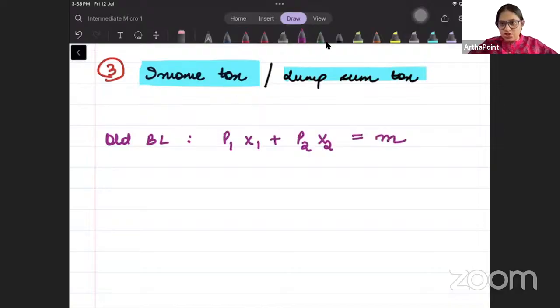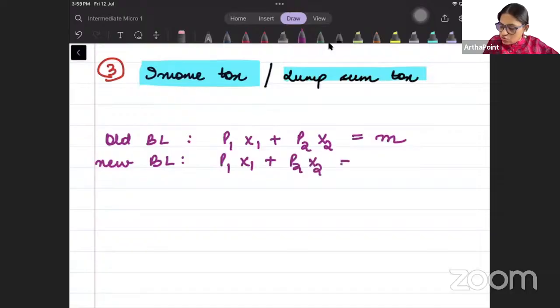This is our old budget line. And our new budget line becomes P1 X1 plus P2 X2 is equal to income minus taxes. This T is the income tax. I am reducing some amount from the income beforehand.